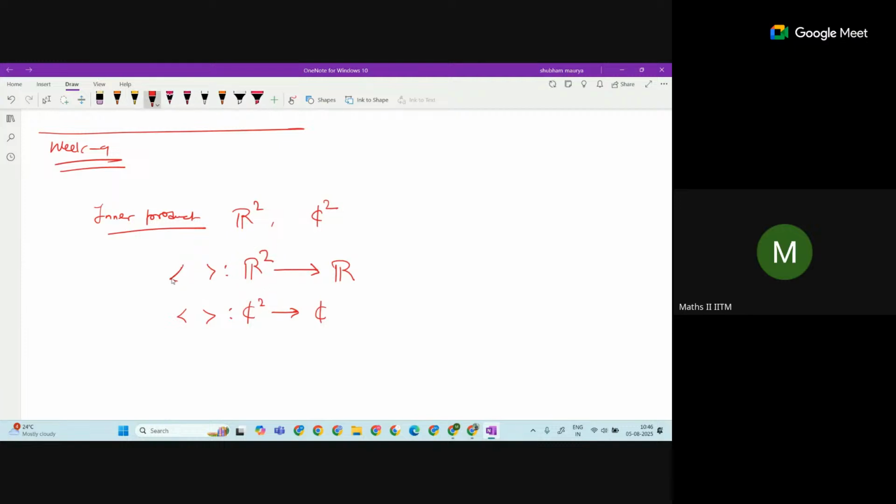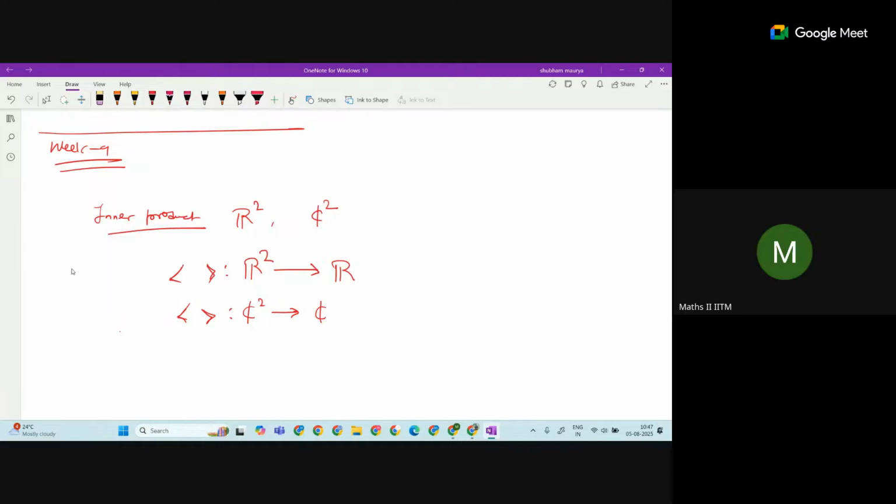This sign is generally used between two vectors. For functions we generally use f, g, h, but f is also a kind of sign, so this is the same kind of thing. In place of that sign, I am using this sign. That's all.